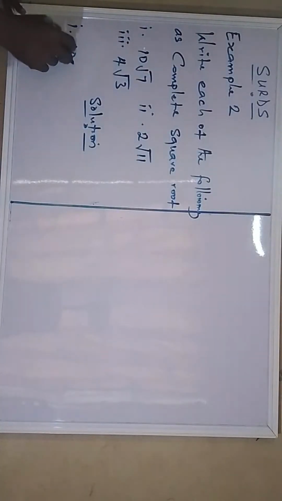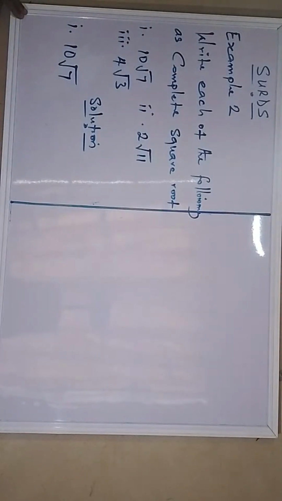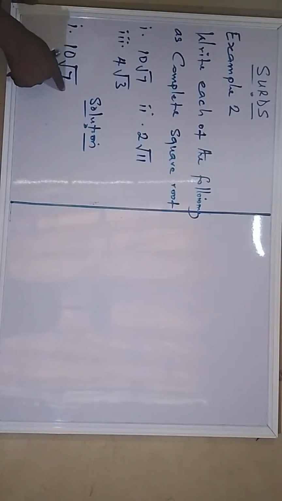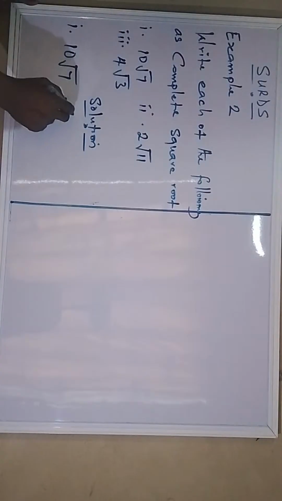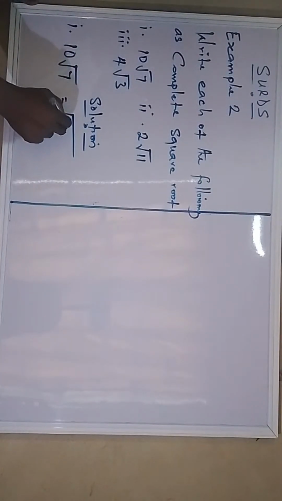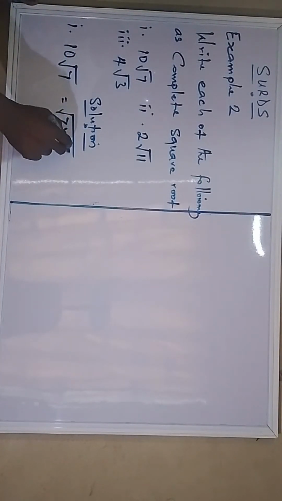The first one is 10 square root of 7. Now, you bring this 10 inside. When a number comes inside the square root, it becomes a perfect square. It turns to a perfect square. So this one will now be square root of 7 times 10 squared.